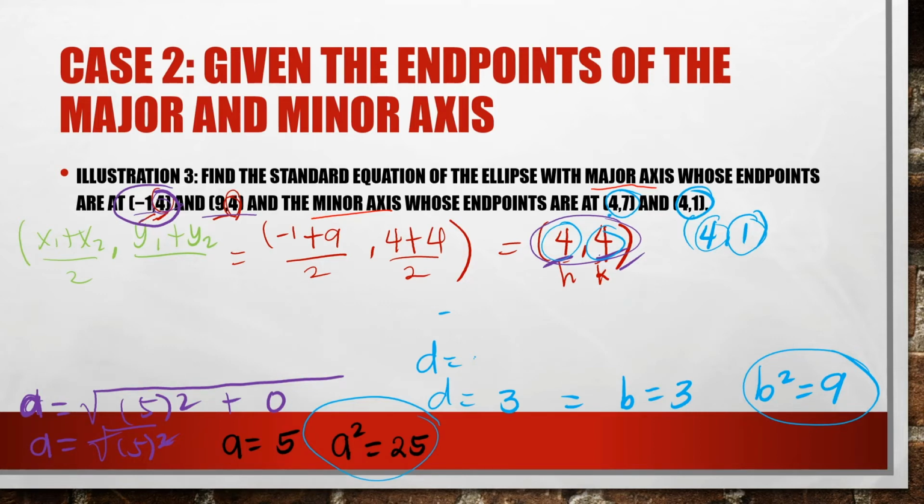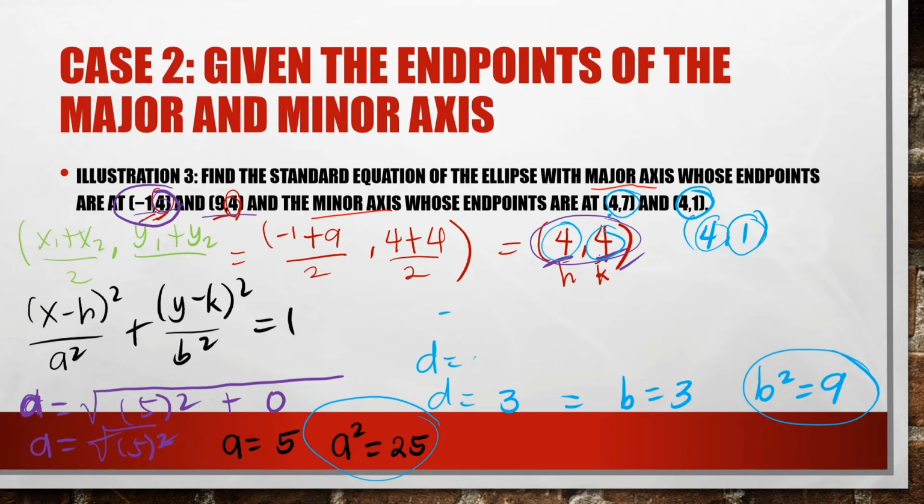So, yung gagamitin natin, tulad ng sinabi ko kanina, is (x minus h) squared over a squared plus (y minus k) squared over b squared is equal to 1. So, ang final answer natin, sabi ko, ito siyang horizontal ellipse.